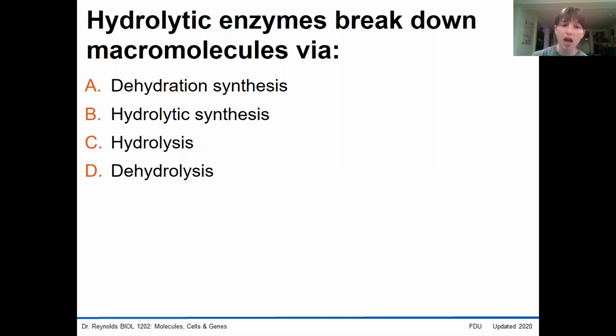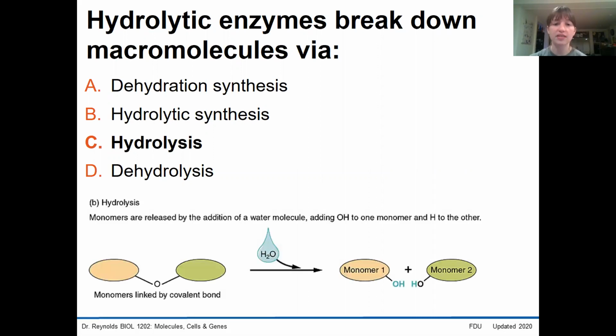So we have hydrolysis and dehydrolysis. But hopefully you remember from last class that hydrolysis is the breaking down of bonds, which involves the introduction of a water molecule to separate them. So dehydrolysis would be the removal of water. Dehydration synthesis is when we make a bond between monomers, and hydrolysis is when we break that bond.